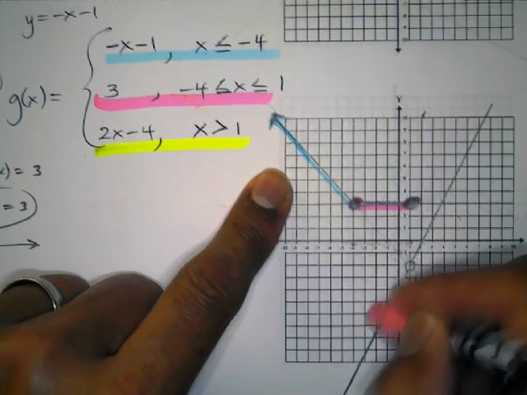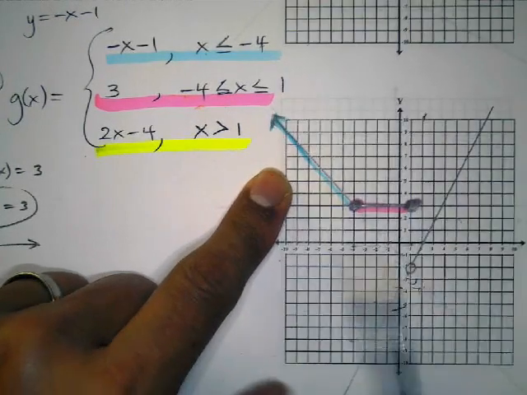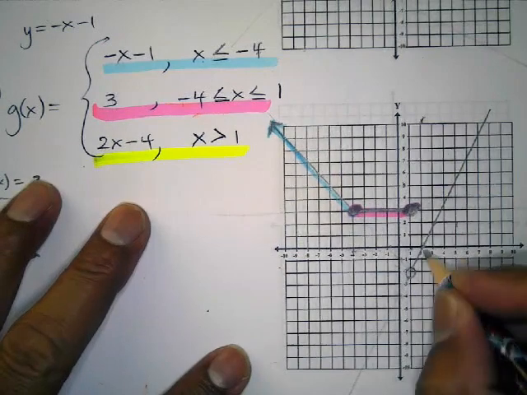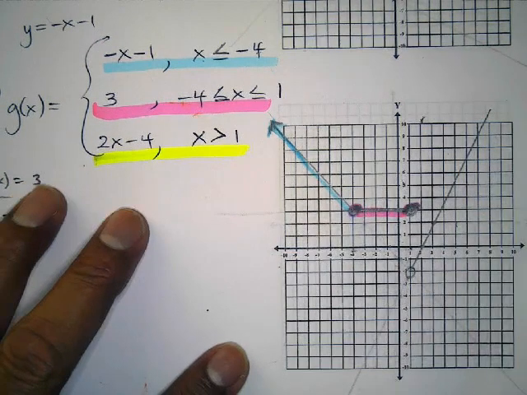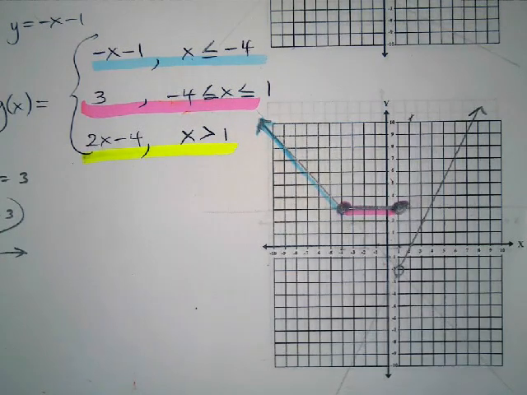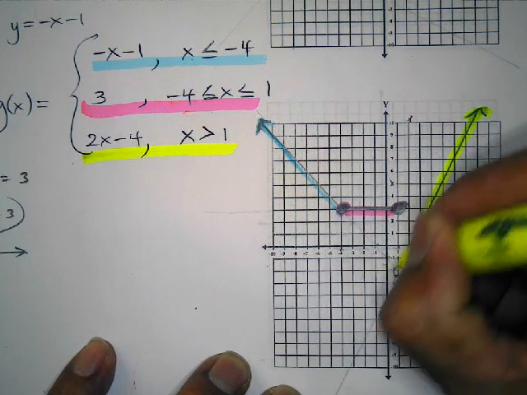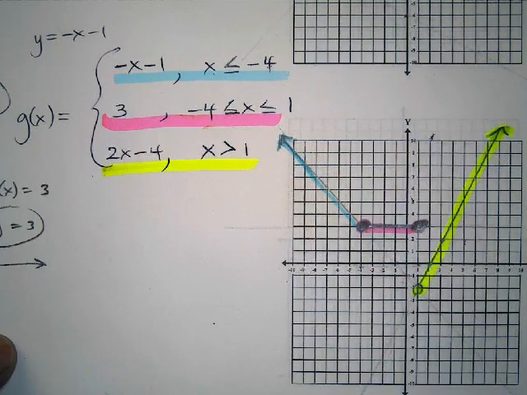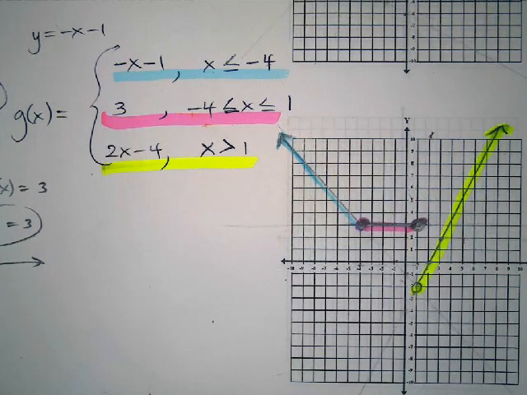So that means we keep this side, which means we erase the bottom part. I don't want to see them over here on the values of x that are less than 1. I want to see the graph at 2 and at 3 and at 4, right? The values of x that are greater than 1. And then that's going to look like that. And that's the yellow one, right? Yep. All right, there it is.